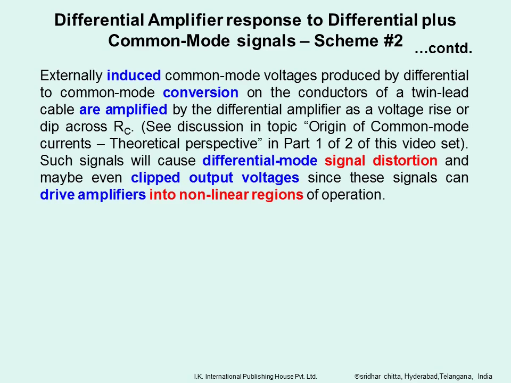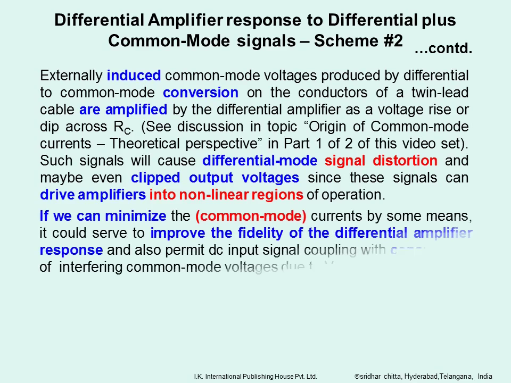See the discussion in Origin of Common Mode Currents, a Theoretical Perspective in part 1 of 2 of this video set. Such signals will cause differential mode signal distortion and maybe even clipped output voltages, since these signals can drive amplifiers into nonlinear regions of operation.